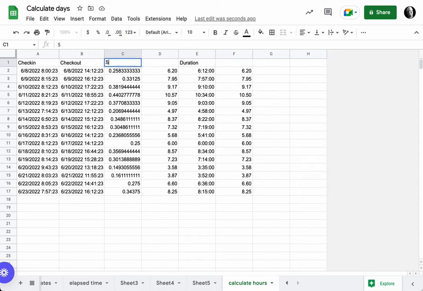Let's just call this subtraction. This is subtraction times 24. This is the duration, and this is the split. And we can see by doing that we get the same results.